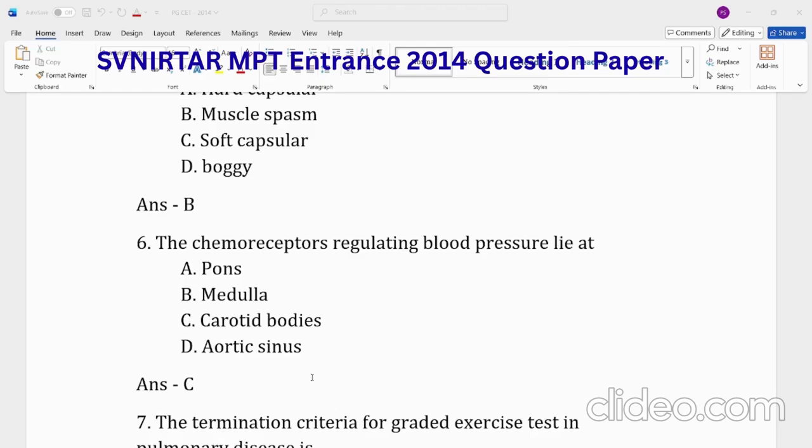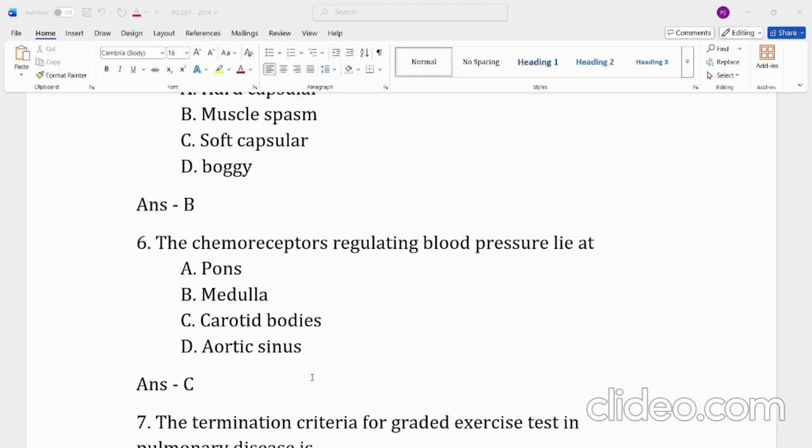So carotid bodies mainly contain the chemoreceptors that regulate blood pressure, and the aortic sinus mostly contains the baroreceptors that monitor changes in blood pressure. The medulla is the primary center of respiration, and the pons helps to monitor breathing patterns, right? Now comes our next question.